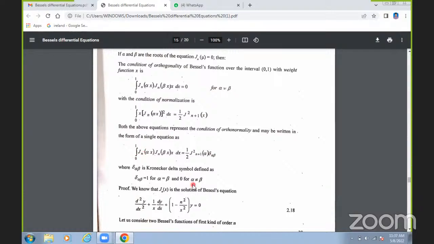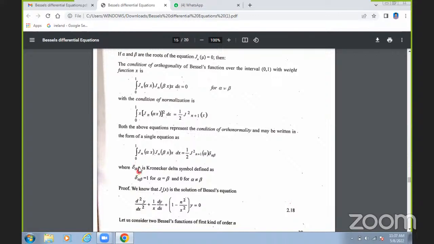Again, we have something we have to remember about the Kronecker delta. You will get this in tensors actually, and once you finish tensors, you will know what the Kronecker delta is.